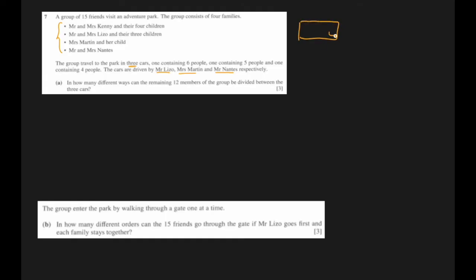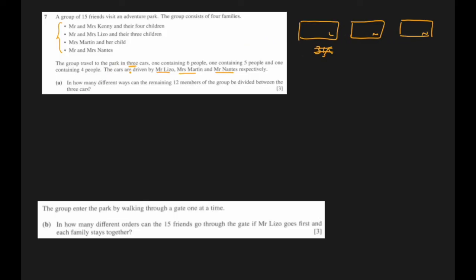Mr. Lizzo is here, Mrs. Martin is here driving the car, and Mr. Nantes is here. Let's assume that they are driving their own car. Practically, people don't drive others' cars, right? If they were driving any car, then it would be multiplied by 3 factorial, which we will not do now. We are assuming that they are driving their own cars.